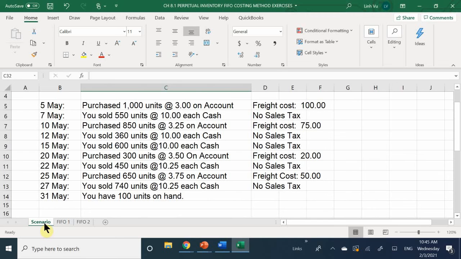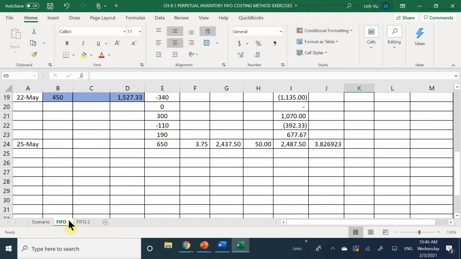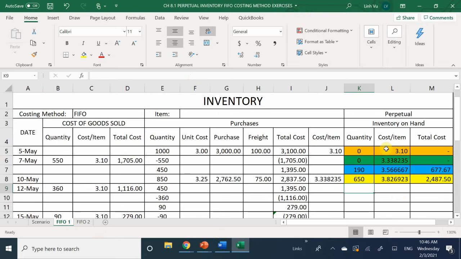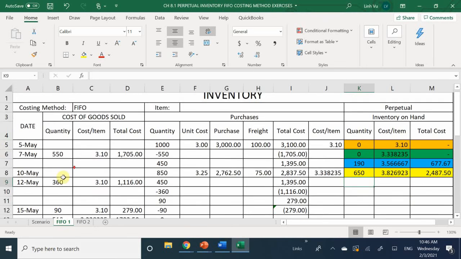And of course, last but not least, on May 31st, you should have a total of 100 units on hand. So let's go ahead and determine this again. So 740 is what we sold. Do we have enough to sell 740? Yes, we do, but we have to break it up.